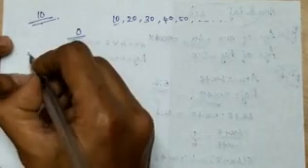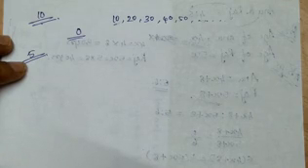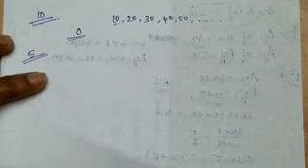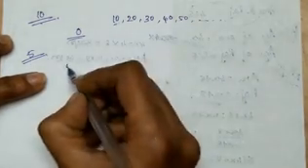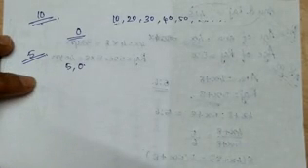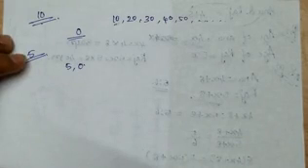Then divisibility by 5. What about this one? Divisibility by 5. If the number in a units place is 5 or 0, then the number will be divisible by 5. Isn't it?